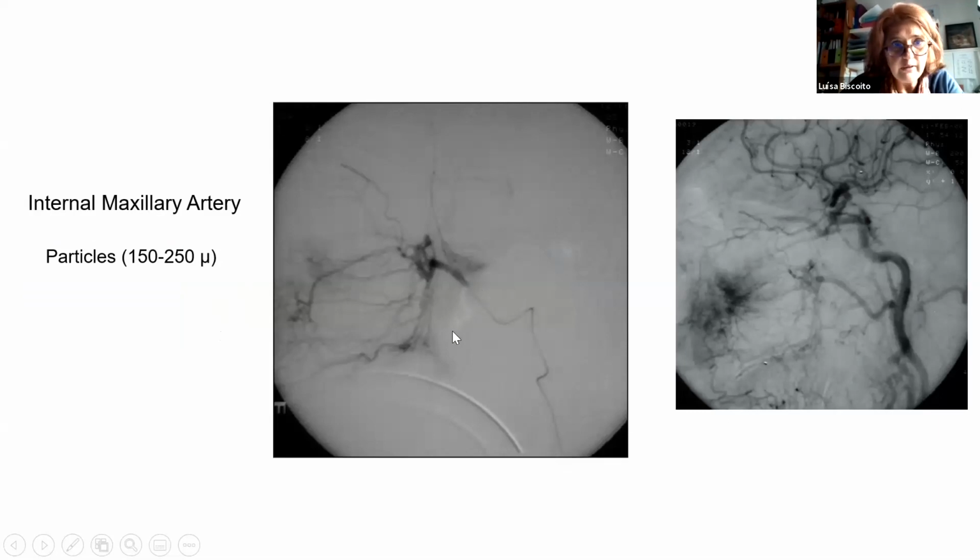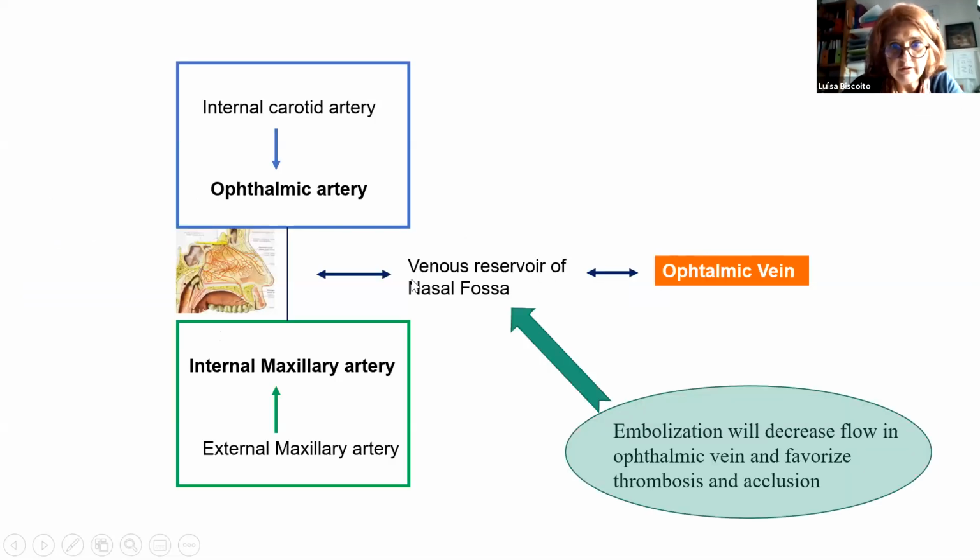And why with particles? To decrease the flow in the ophthalmic vein and favor thrombosis and occlusion, because the nasal fossa is a venous reservoir. The orbit drains to the ophthalmic vein, and the nasal fossa also drains to the ophthalmic vein.